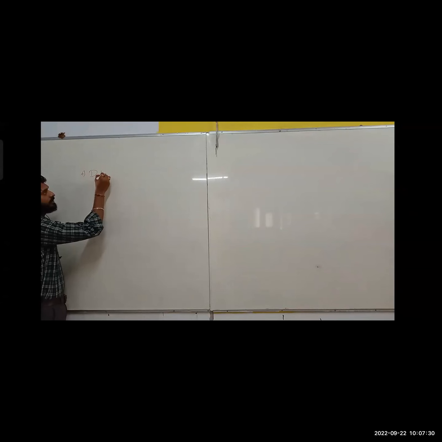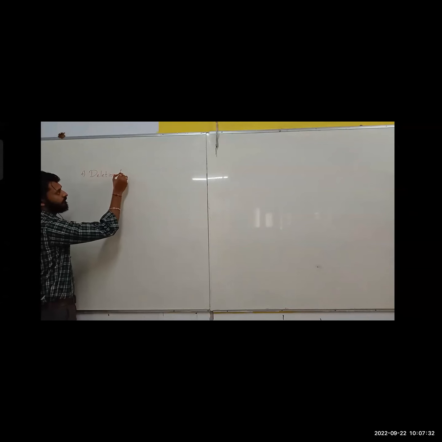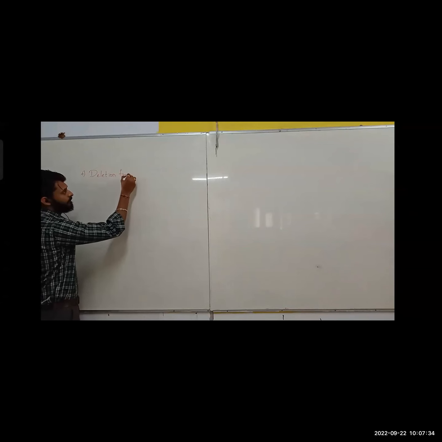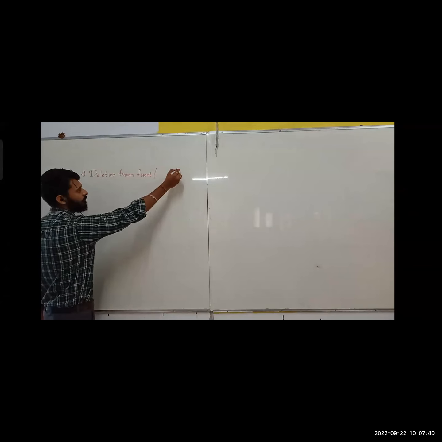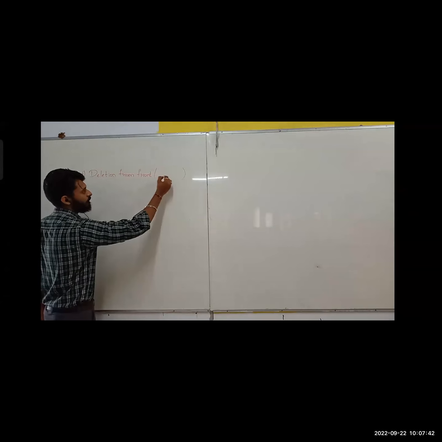So now, which is it? Probably 4 I will consider. In 4, that is nothing but deletion. Deletion from where? From front, means the beginning of the list. Got it? So now what should I do here?